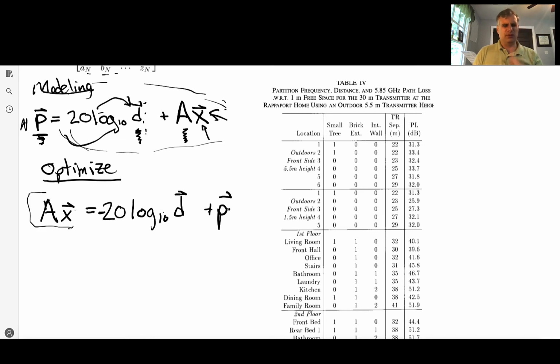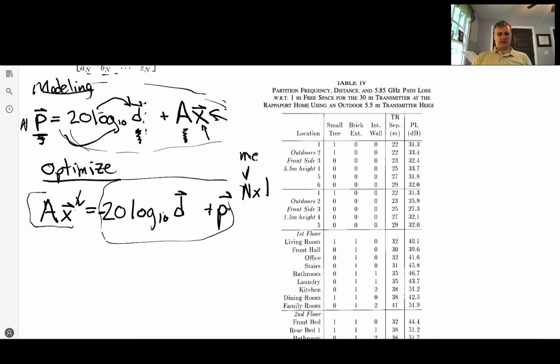Now this is a problem here because usually I only have several, 2, 3, 4, 5 partition values that I'm trying to solve for here. And I have a lot of, hopefully, I have a lot more data over here. So I should have a vector that's basically n by 1, where n is the number of measured points.